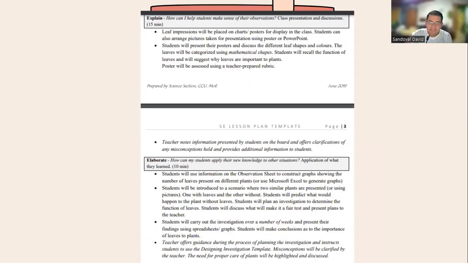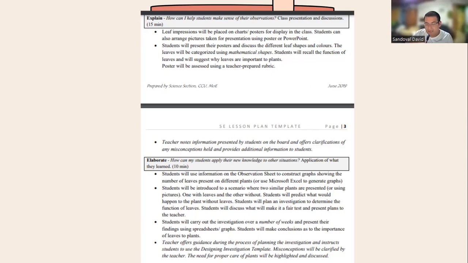Okay, the next is elaborate. Elaborate is a good opportunity to work with the students, because it is where the students have the opportunity to use all the knowledge. How can my students apply their new knowledge to other situations? For example, in this lesson plan, students will use information on the observation sheets to structure graphs showing the number of leaves present on different plants.